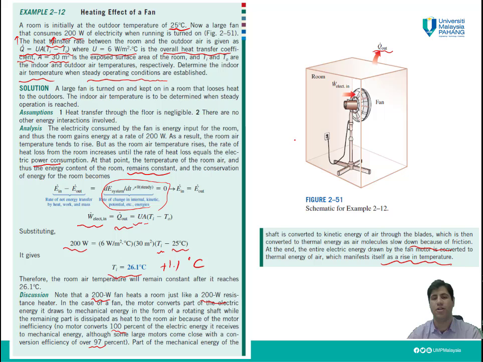So you can see here, we cannot always use a fan to reduce temperature inside the room. We should select the fan according to its power consumption and heat transfer capacity of the room.